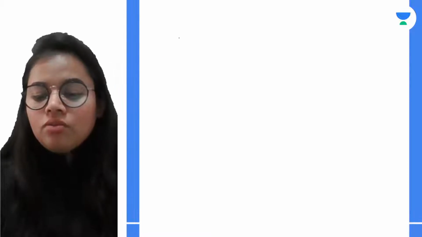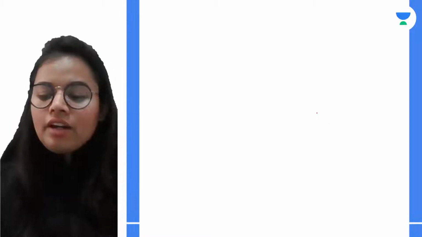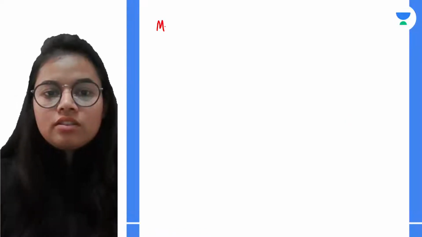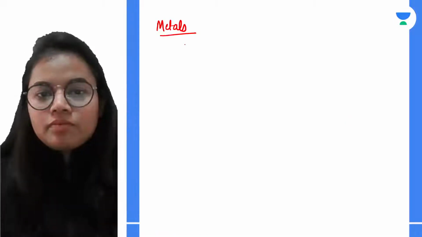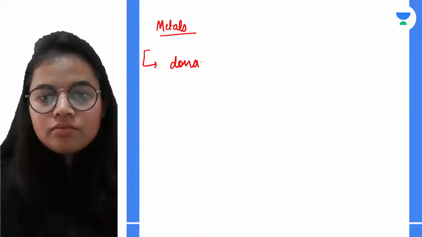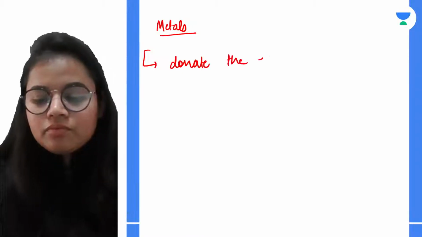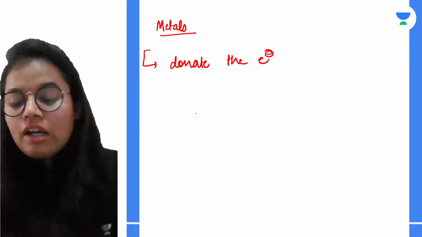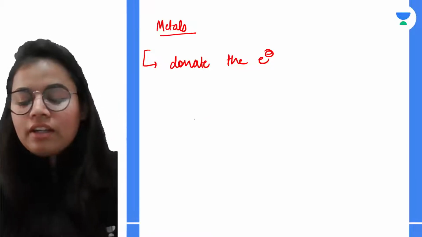Now if I talk about the properties of the metals, the very first is they donate the electrons, so they are electropositive in nature. Next is talking about their reaction.